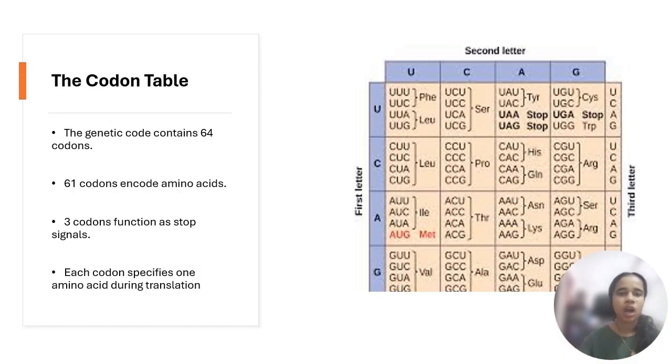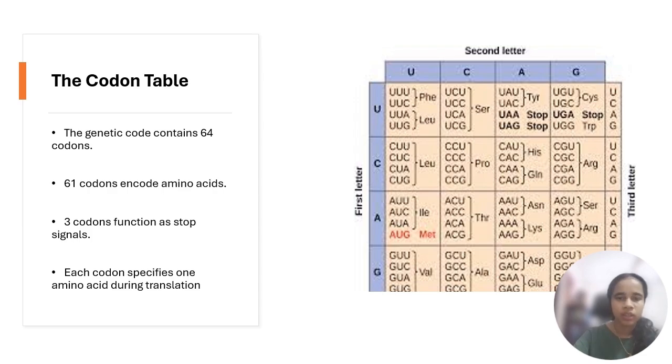Now let's understand codons and see how they are organized. The genetic code consists of 64 codons in total. Out of these 64, 61 codons specify amino acids, right? And the remaining 3, UAA, UAG, and UGA, the black highlighted ones, signal stop, which means they signal the end of protein synthesis.